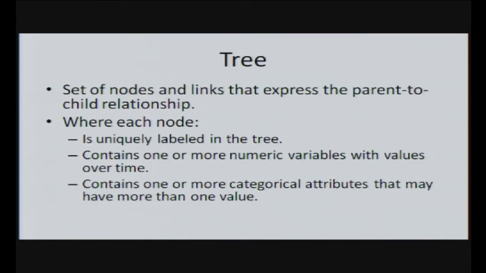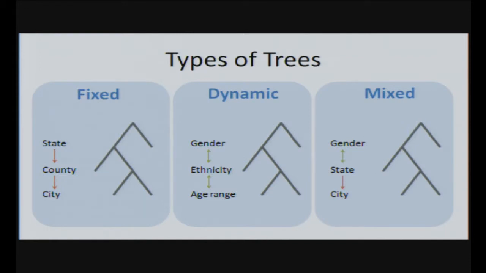So trees. A little bit more about trees. They're essentially nodes and values on the tree. We have three different types of trees. We have something called a fixed tree, where the structure is very much set in stone.